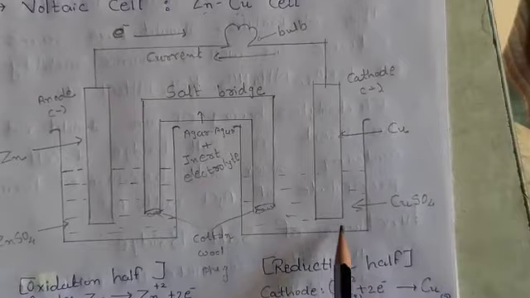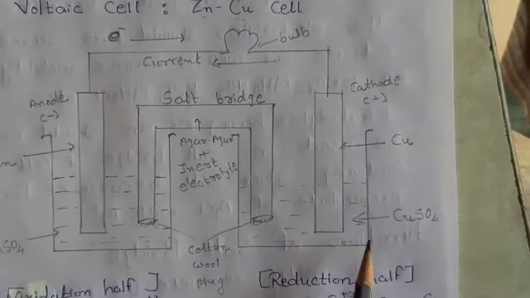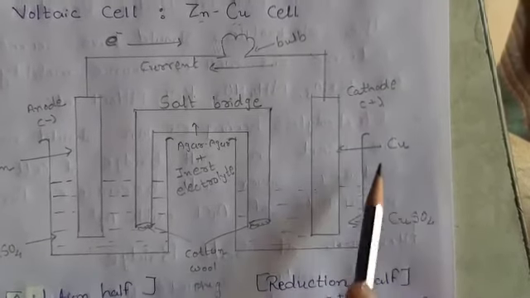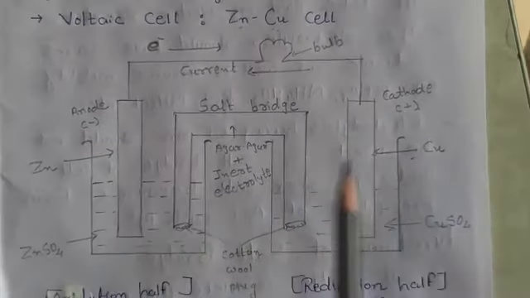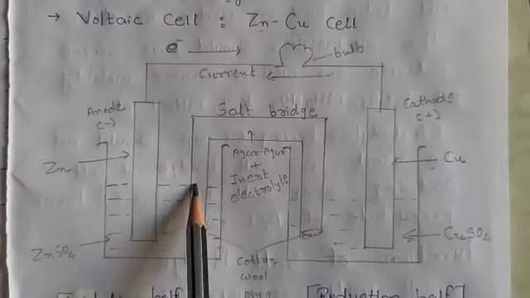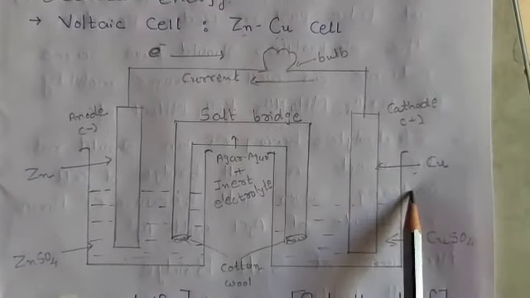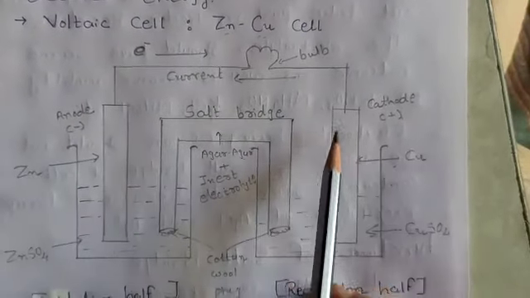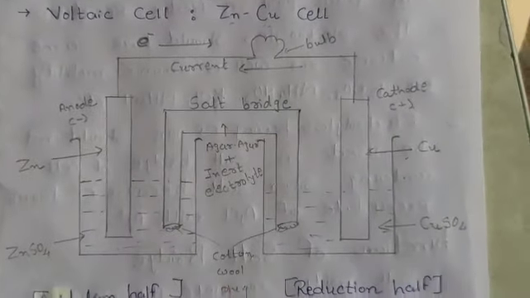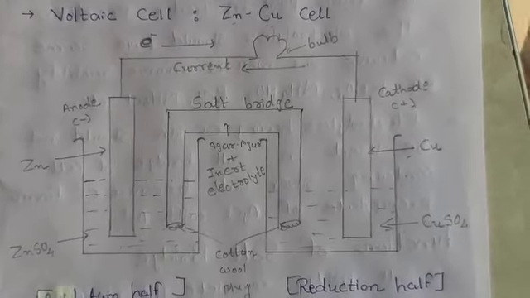In the other part we take another beaker in which copper sulfate solution is filled and a copper rod is dipped. It is our half cell and it is our other half cell. When we connect these two half cells by a circuit, it forms one cell, right?